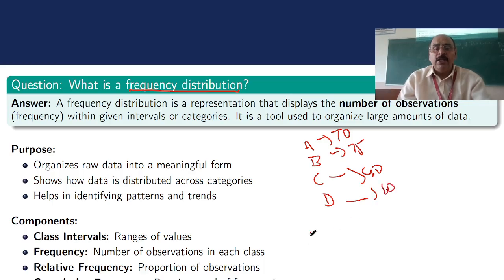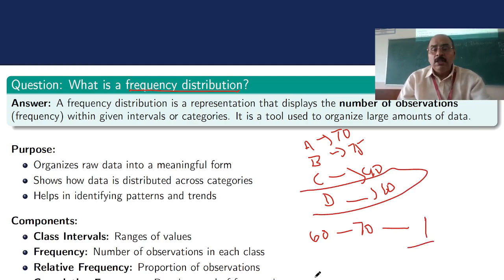So when I say 60 to 70, I am giving only 1. I am not having D's mark, but I am having this number as 1. 70 to 80, I am having 2. That means 2 students have scored between 70 to 80, 70 and 75.